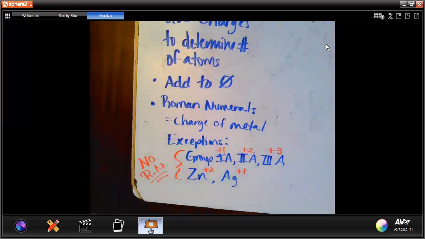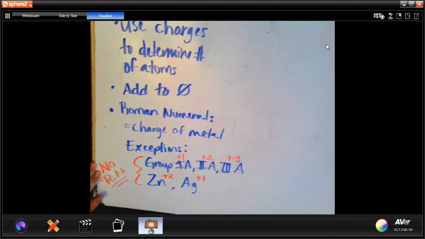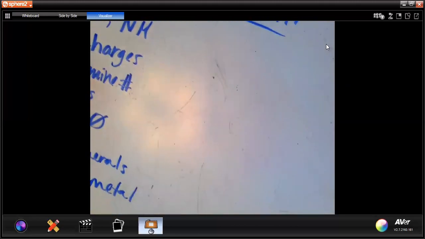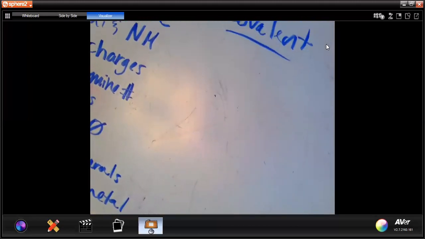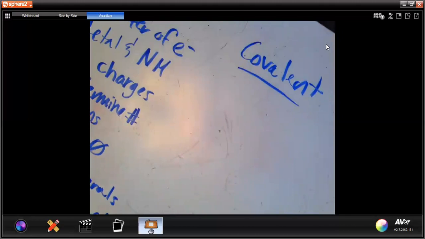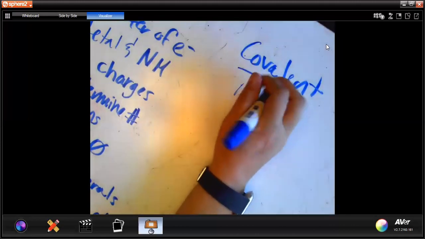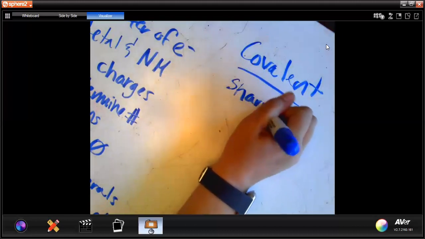So that's ionic. The other was covalent. And so for our covalent compounds, remember these are between nonmetals only, and this is the sharing of electrons.